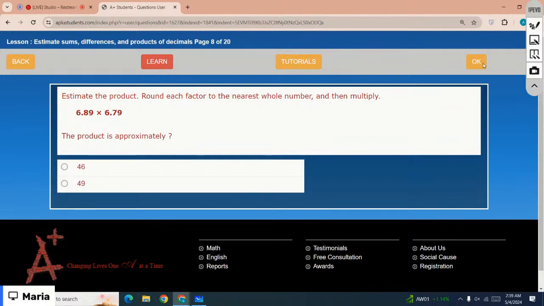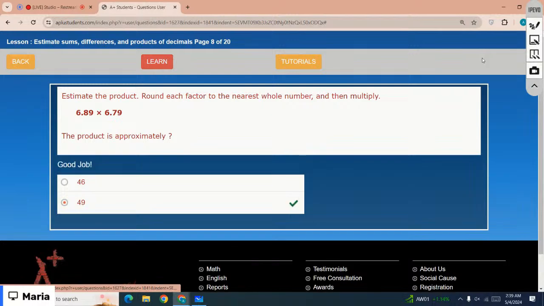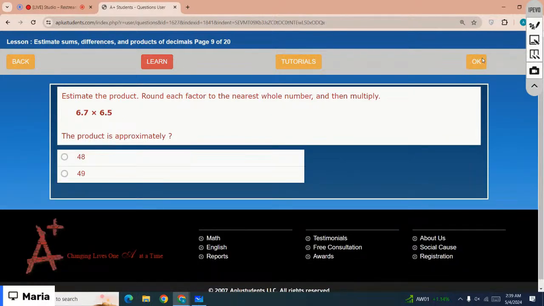That is 7.51 times 8.57. So which is the correct option? The correct option is, yes, 49 it is. They both are rounded off to 7, right? Okay, estimate the product. Round each factor to the nearest whole number, then multiply.